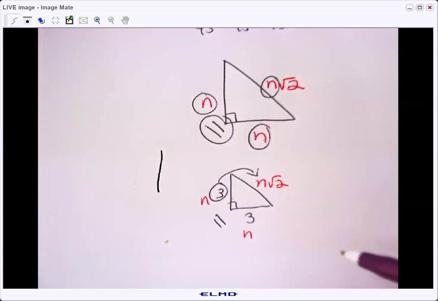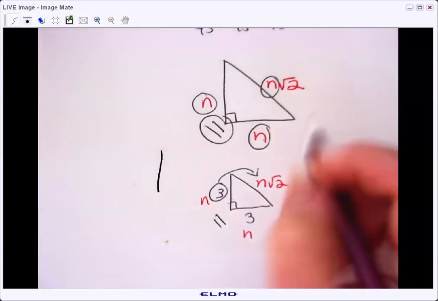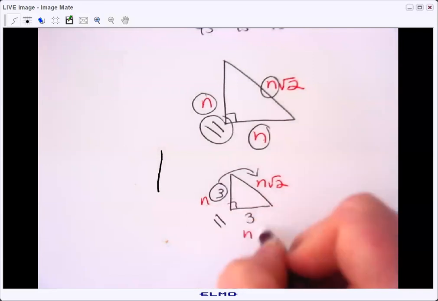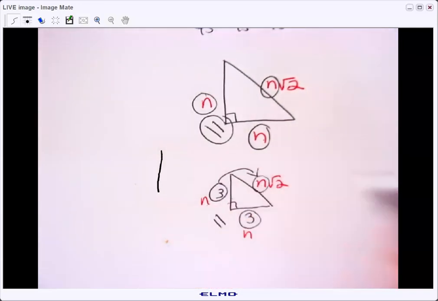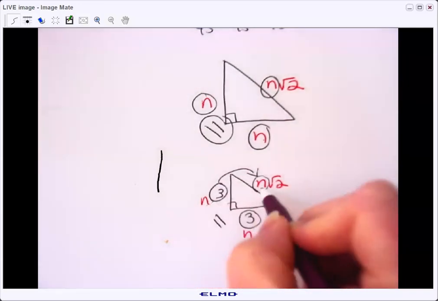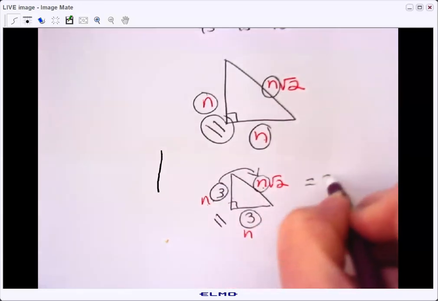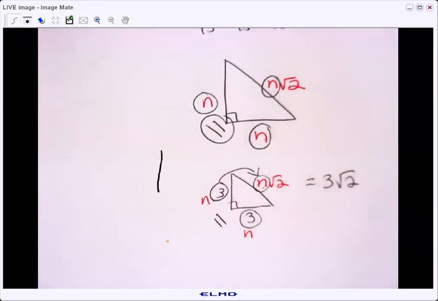You just fill 3 into n because n equals 3. And then the final answer would be what? 3 root 2. Thank you. Because they all have an n, I'm going to put this number in place of n and put a root 2 next to it. And that's it.